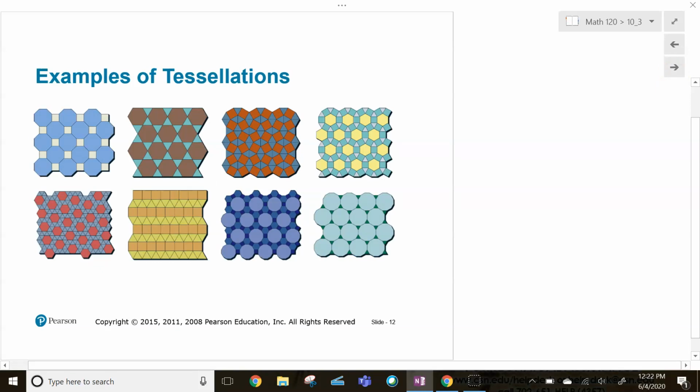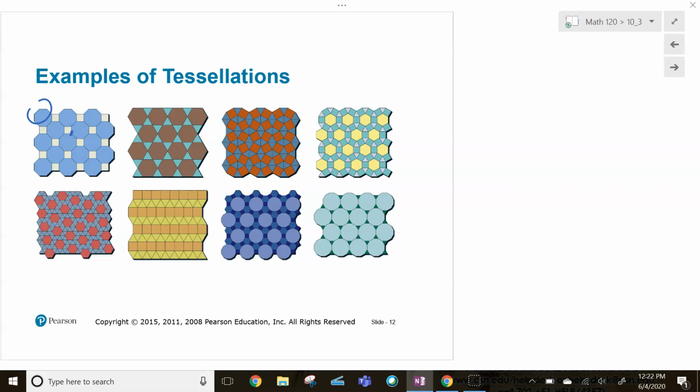You might want to think of this like tiling a floor, right? You don't want to leave any gaps when you're tiling a floor. And so over here we've got regular octagons, and then you've got squares in between them. But notice where they meet.